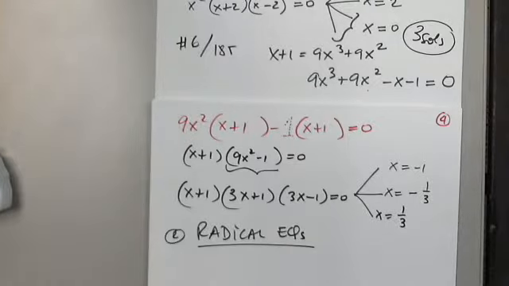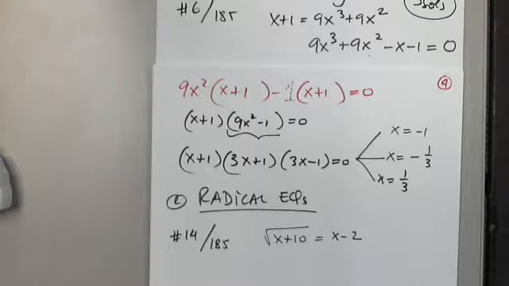Okay, I'm going to pick, let's say, number 14 on page 185. The square root of x plus 10 equals x minus 2. Many of these equations are reviewed, but I would like to go over all the different types.